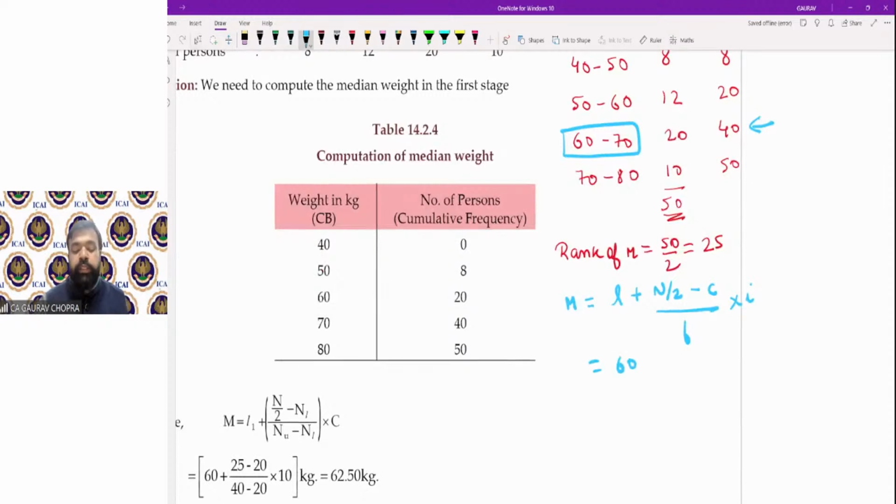The lower limit is 60, plus rank is 25, C is 20, frequency is also 20, and multiply by i. The class interval is 10. So the result will be 62.5. This is your median.